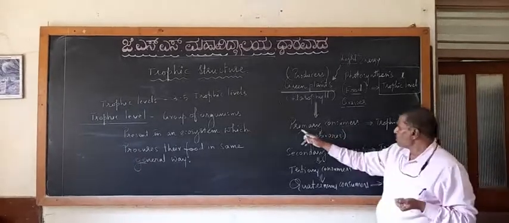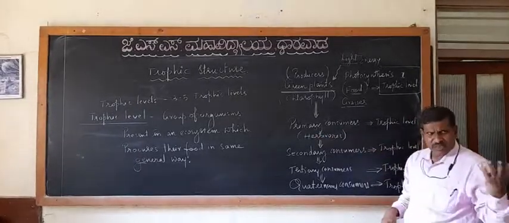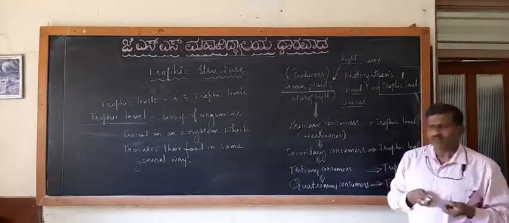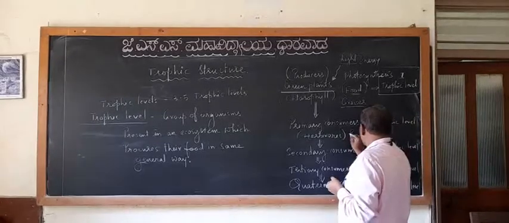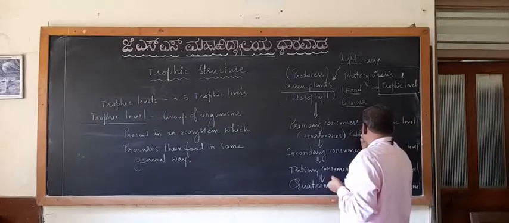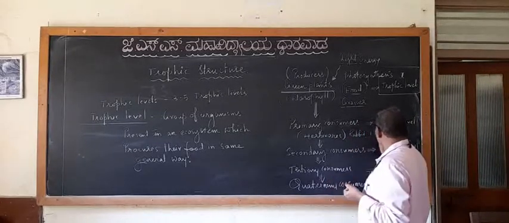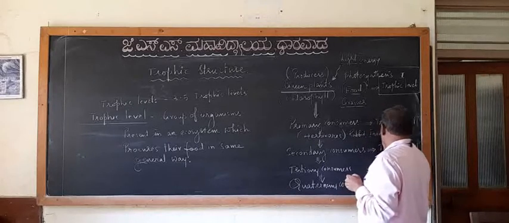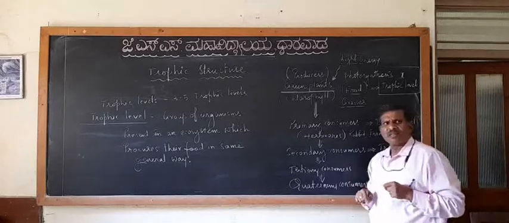For example, in the grassland we find varieties of primary consumers. You may see the rabbit, and you may see grasshoppers, which are insects.